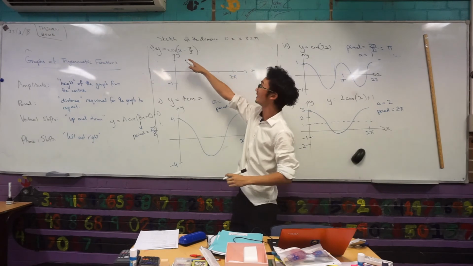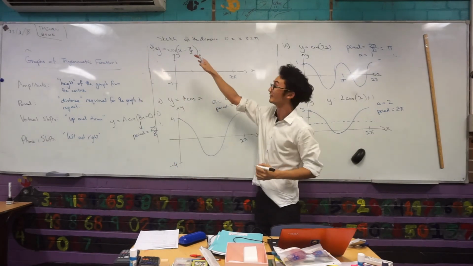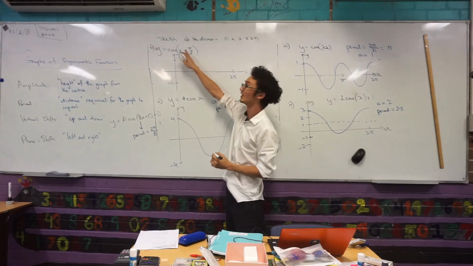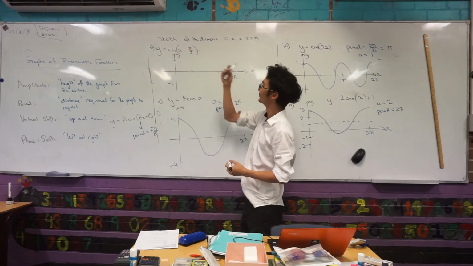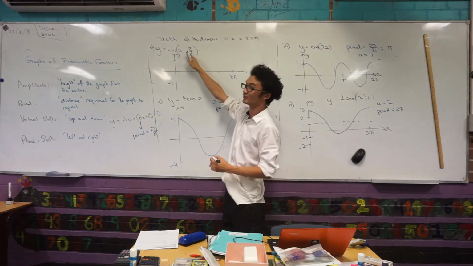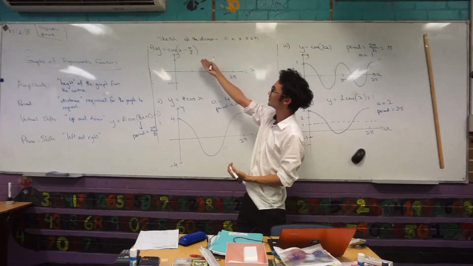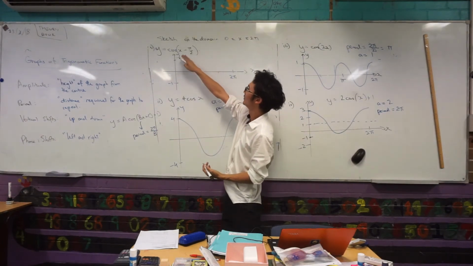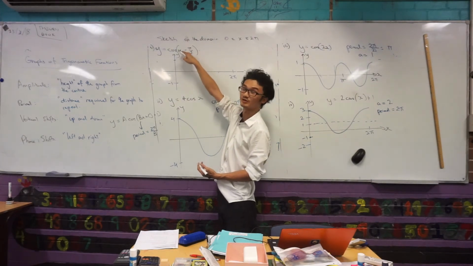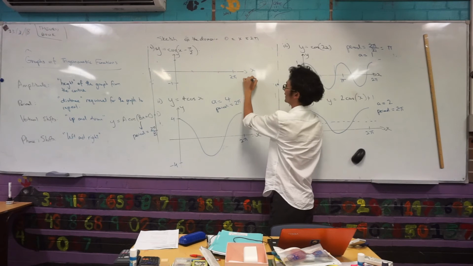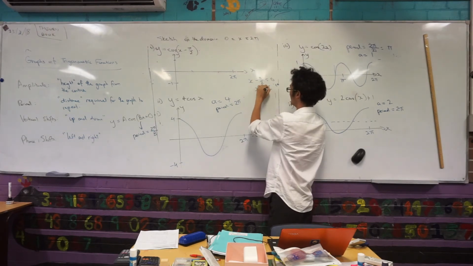Remember, we can also have phase shifts though. Let's make this 5. That's when I have a manipulation on the inside of my brackets here, either plus or minus some value. And because I've got a negative, you can just remember, oh, I'm shifting that to the right. Or what you can try and think of is, okay, what value of x do I need for this expression to be 0? I've got x minus pi on 2 equals 0. x would equal pi on 2.